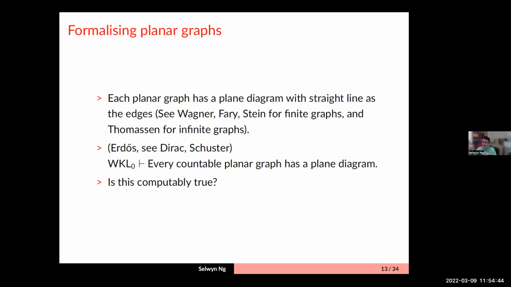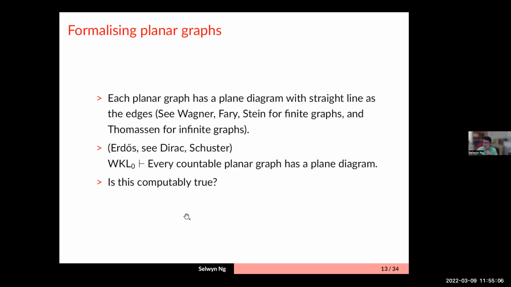So the next vertex that comes along can be put into finitely many different faces, and that allows you to construct the finitely branching tree that encodes the plane diagram as a path. But we need WKL to do this.